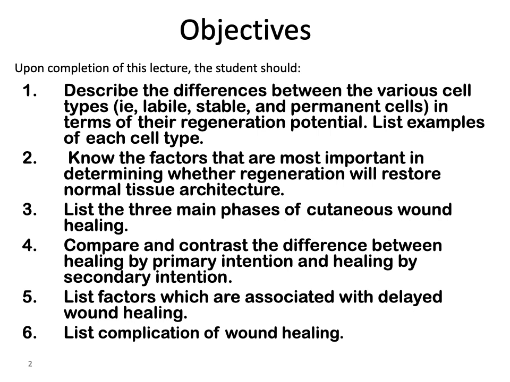We'll also talk about the different phases of wound healing, particularly as it involves the skin. We'll also be talking about primary intention and secondary intention. And then we'll also be talking about the factors that can cause a delay in wound healing and possible complications that can arise from faulty wound healing.